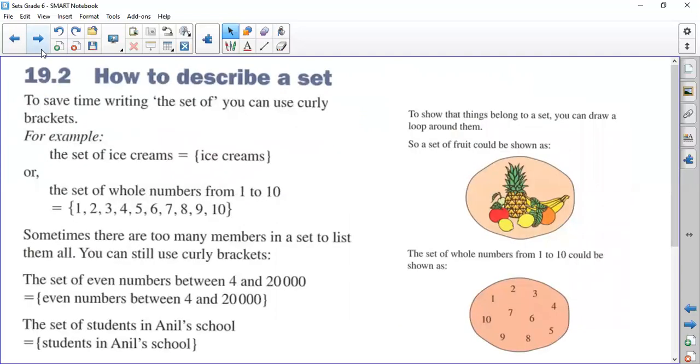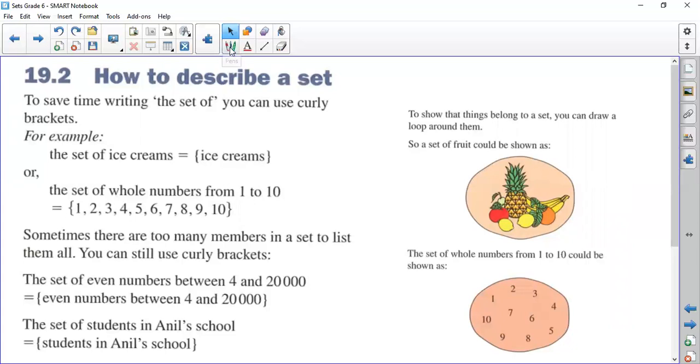How to describe a set? To save time writing "the set of", we use curly brackets. For example, the set of ice creams can be shown as ice creams in curly brackets, or the set of whole numbers from 1 to 10 can be shown as curly brackets 1, 2, 3, 4, 5, 6, 7, 8, 9, 10, listing all the numbers.